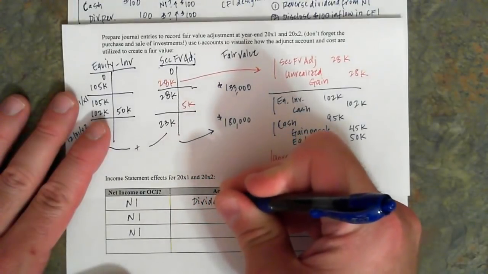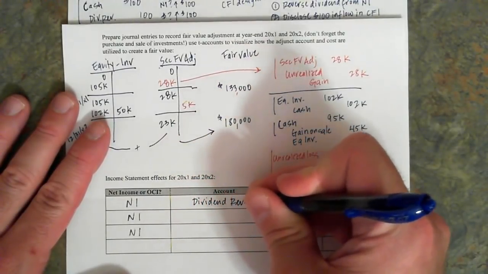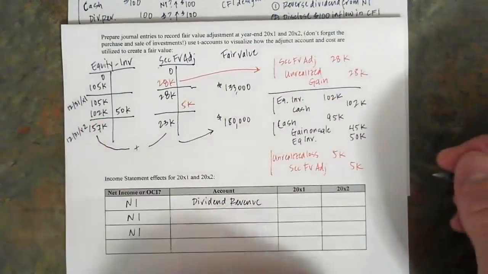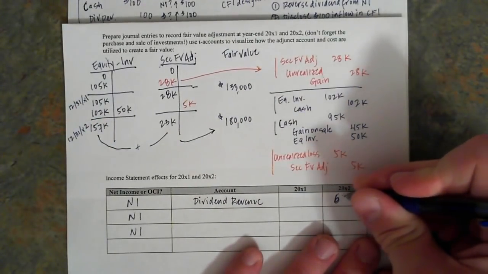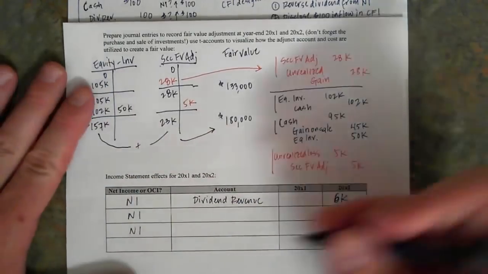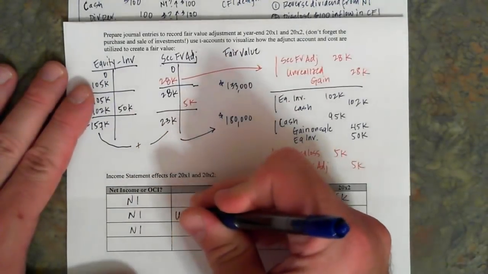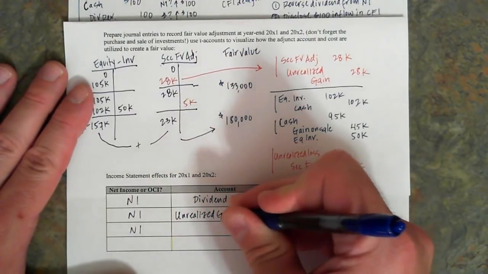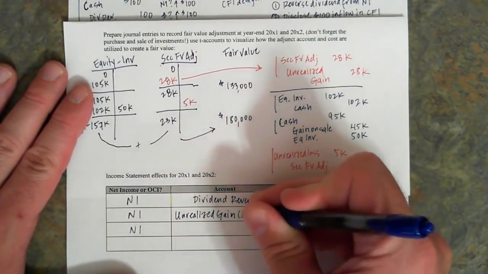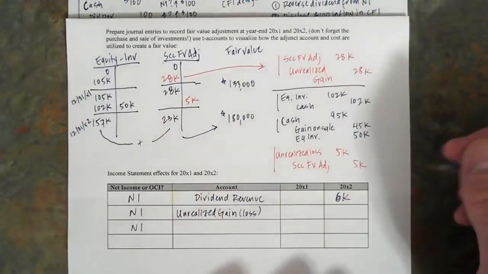We have dividend revenue, and that occurred in the second year for $6,000. We had some unrealized gains and losses. We had a gain in the first year and a loss in the second year. I'll just throw them on the same line to save some space.